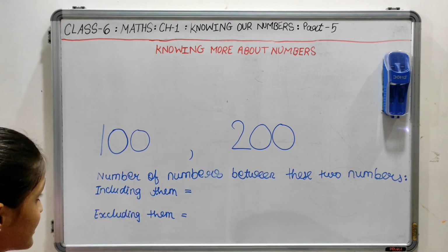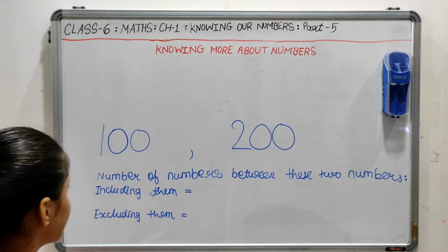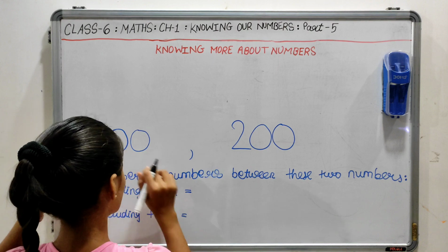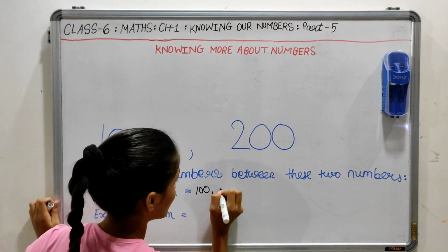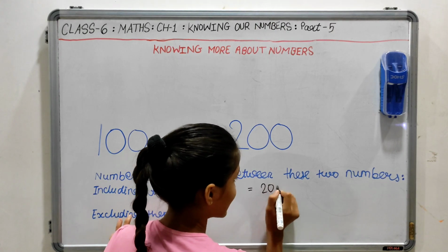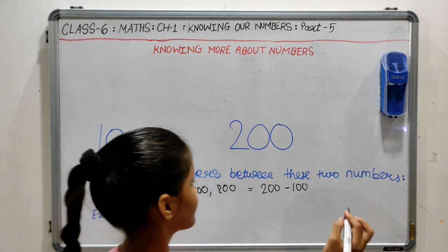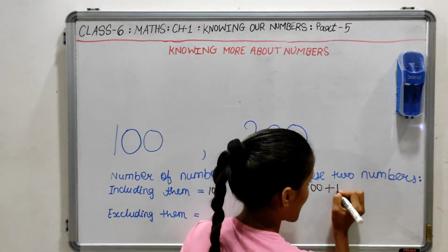First we will see how many numbers are between them, including them. For example, including 100 and 200, we take the greater number, 200, minus the smaller number, 100, plus 1.